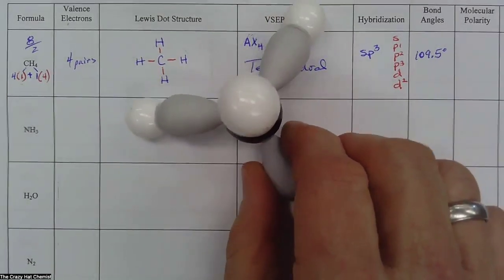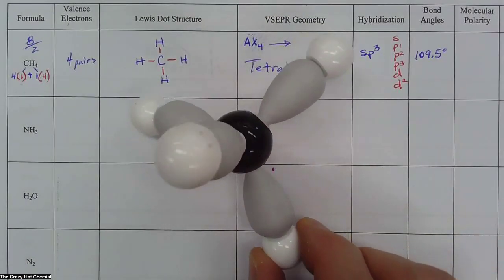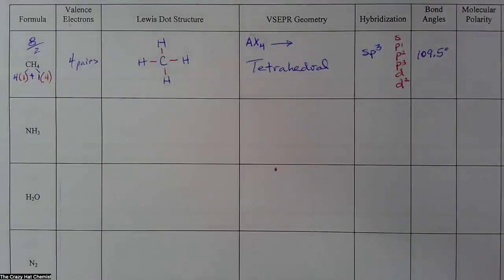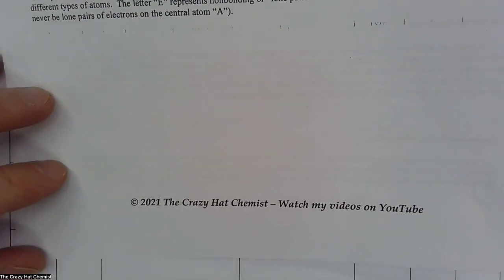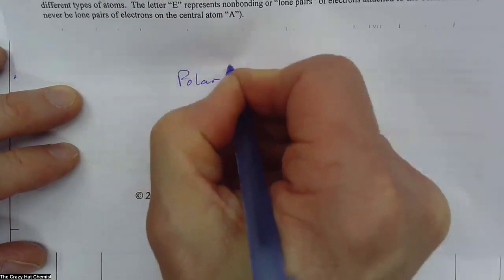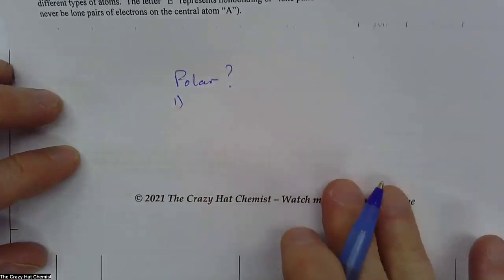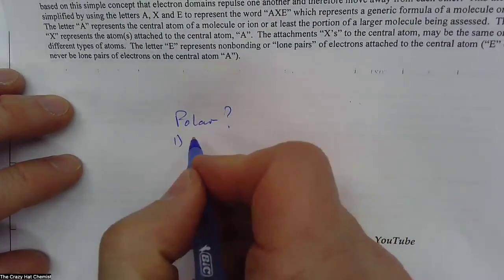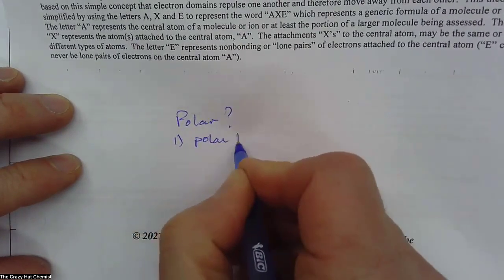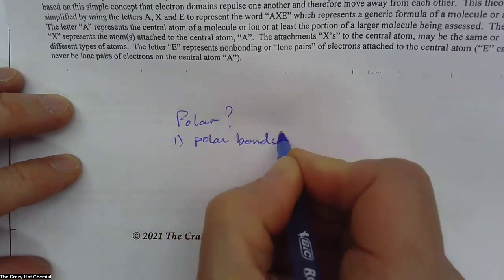So now this next column is called molecular polarity. Molecular polarity follows 2 essential little rules, and I'm just going to write them down. Number 1: is it polar? In order for it to be polar, you must have polar bonds. Does it have polar bonds?